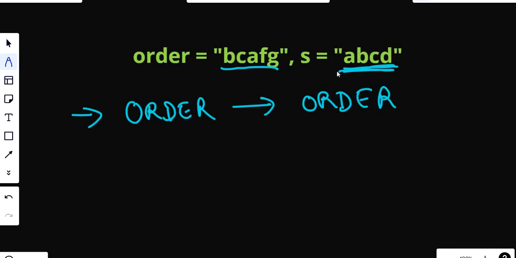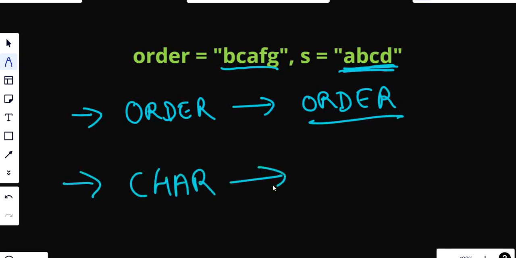So the order part needs to be taken from the order string and the character part needs to be taken from the S string, because at the end we need to return a permutation of S. So even though the characters which are going to be present in the permutation are going to follow the order string's pattern, still the characters which are not present in order are also going to be visible in that. So that's why we are going to take all the characters from S and we need to focus on the pattern or the sorted order of the order string.